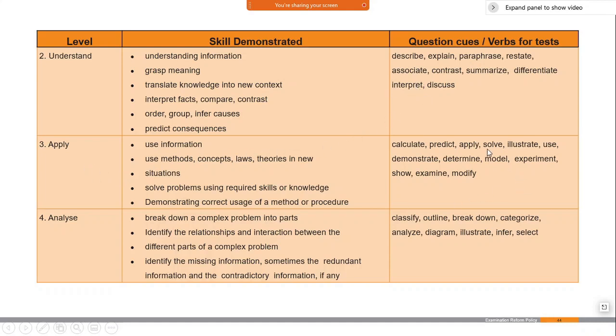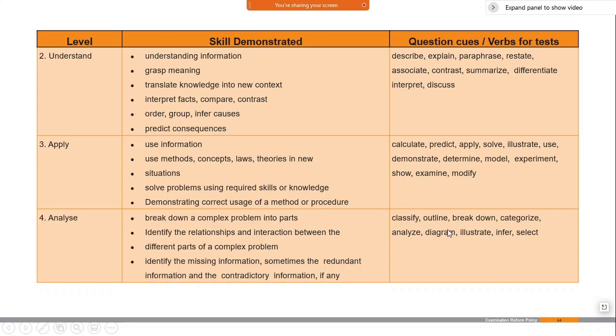Then next is apply, in which we connect with calculate. Apply means whatever knowledge we have grabbed is to be used in practice or maybe for analysis purposes. That is calculate, predict, apply, solve. All these are the verbs which will be used for testing purposes.